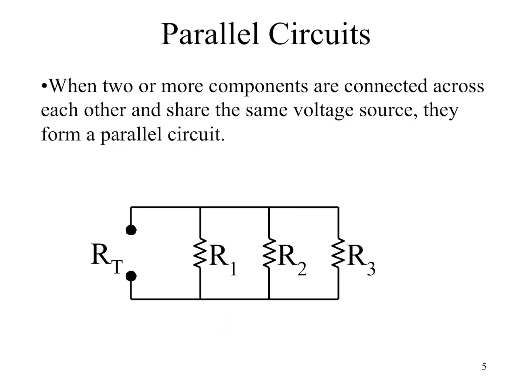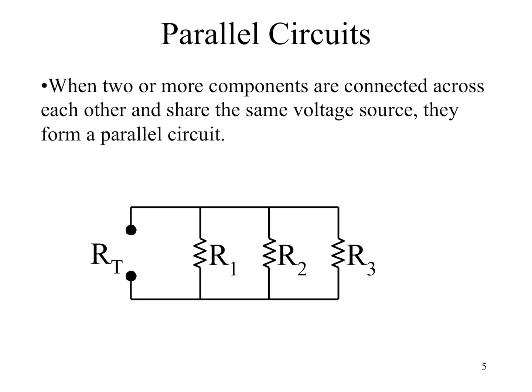When two or more components are connected across each other and share the same voltage source, they form a parallel circuit. So that's what we see here: R1 is in parallel with R2, which is in parallel with R3. I just want to talk about a new kind of symbol or way of indicating our opposition equation for parallel.